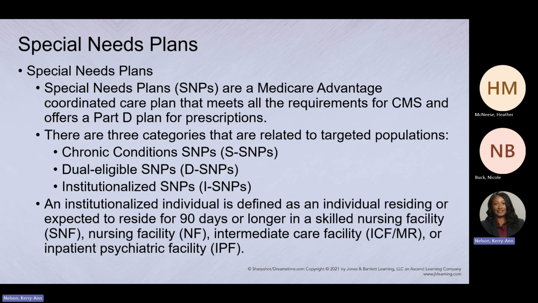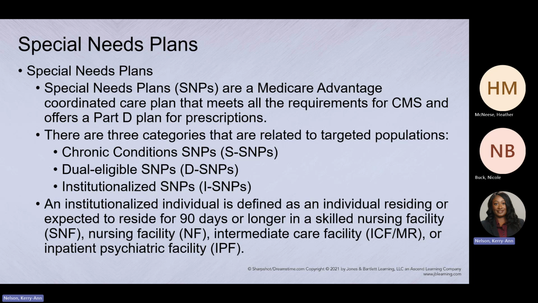So in addition to these, we also have the special needs plans. And these are Medicare Advantage coordinated care plans that meet all the requirements for CMS and offer a Part D plan for prescriptions. There are three categories that are related to targeted populations.